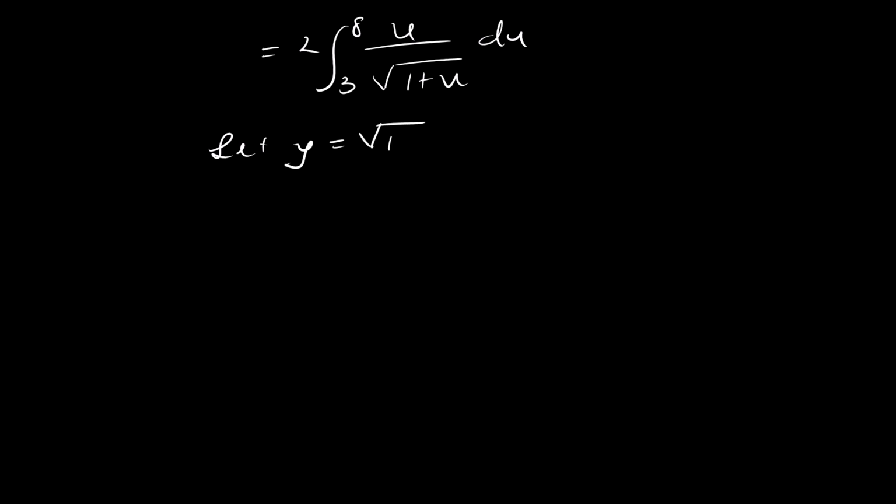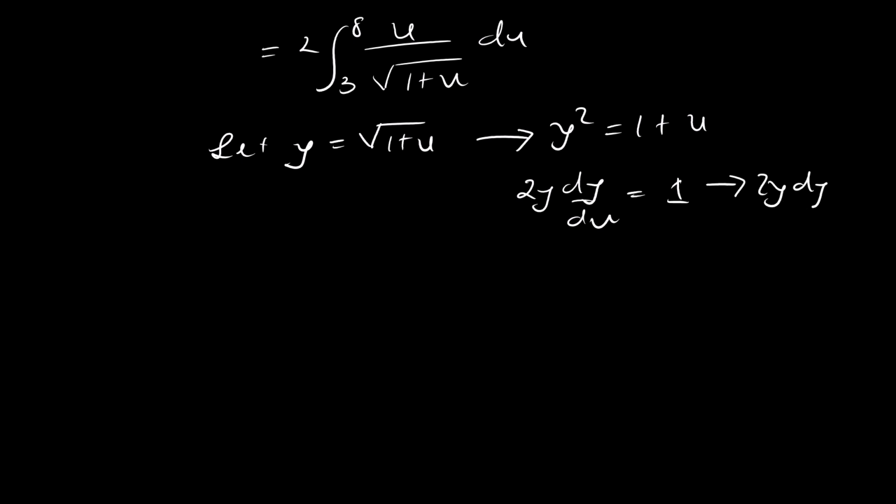Since our problem has come to this, the next thing is to try and substitute off again for the complex part. So we say let y be equal to the square root of 1 plus u, which means that y squared is equal to 1 plus u, and so 2y dy/du is equal to 1, meaning that 2y dy can be used to substitute for du.